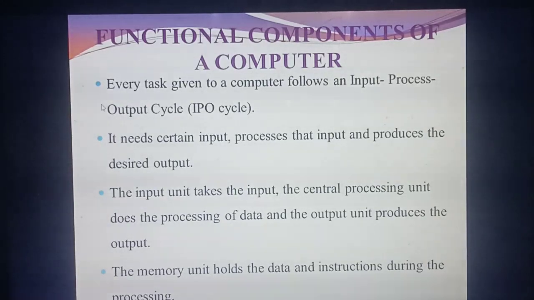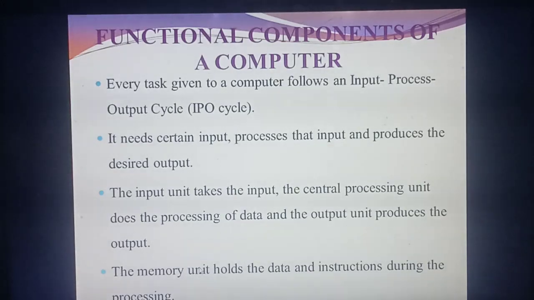Likewise, in the computer, all the details will be stored in which unit? Memory unit. Understood? So computer will store all the details in which unit? Memory unit. Okay. So this memory unit will hold all the data and instructions. After holding all the instructions, it will do processing. Understood the functional components of a computer?